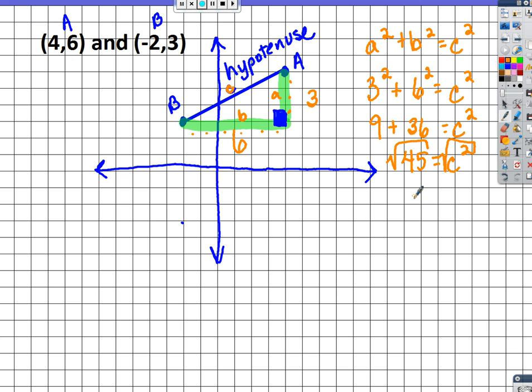The square root of 45 is going to be an irrational number. So I have the option of leaving it as the square root of 45, or I can put that into my calculator. Because I know it's irrational and I'm going to round it, it's going to be approximately 6.7.